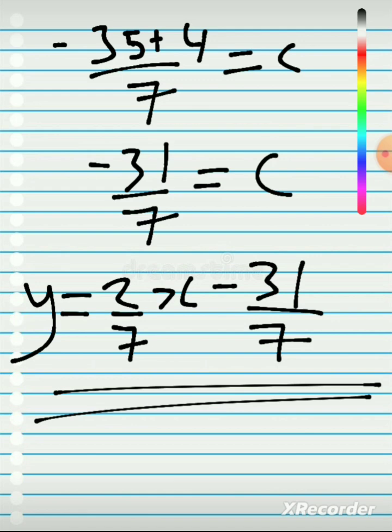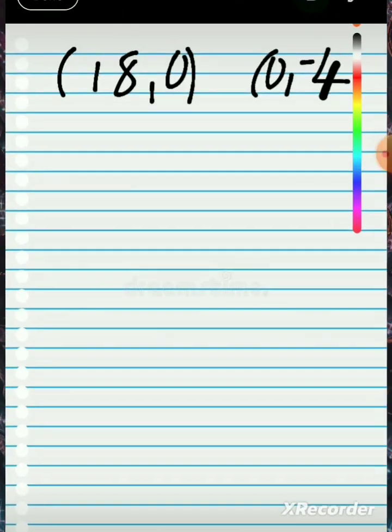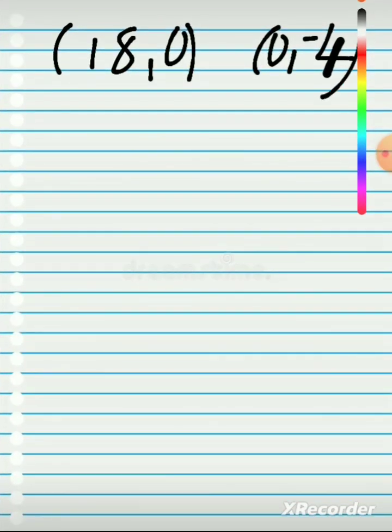Okay, so we go to the last one on question 4, question D. On D, we have 18, 0 and 0, -4. This is question D. So this is x1, y1, x2, y2.